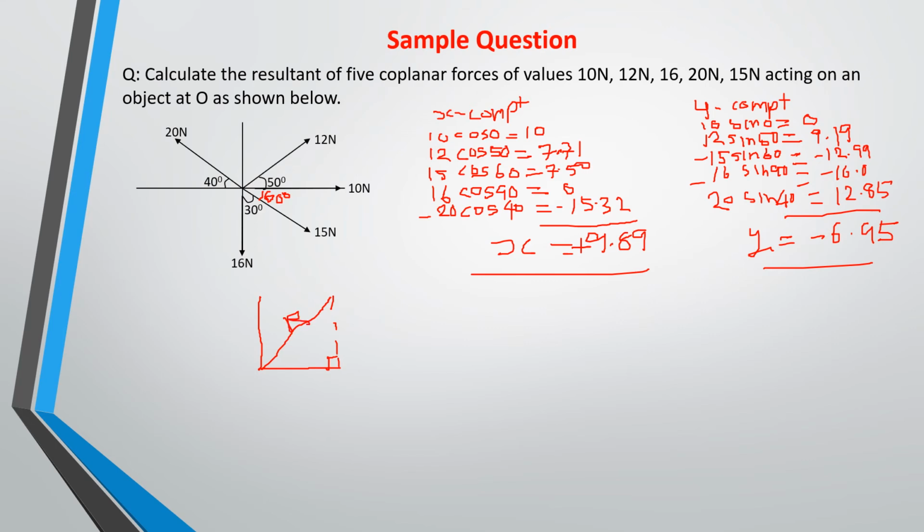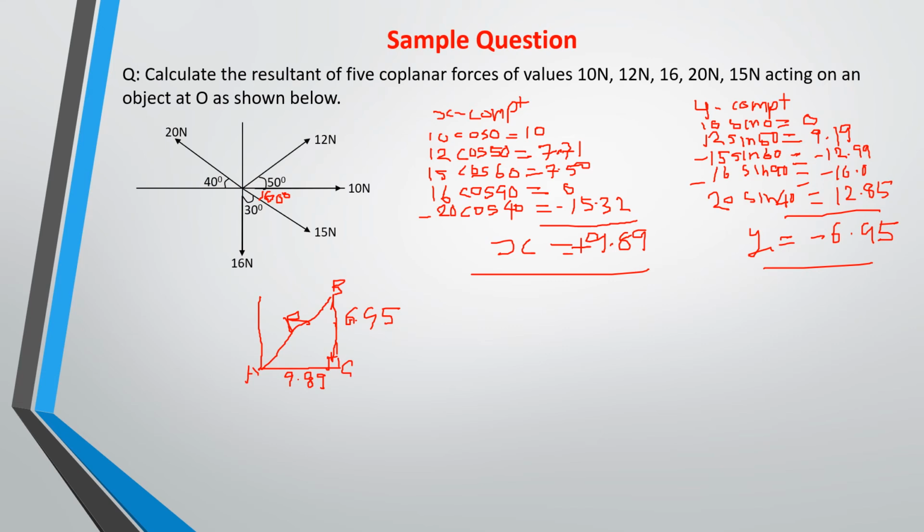This is your resultant. So you have your X component 9.89, then you have your Y component 6.95. So from this you can now find your resultant with this triangle.